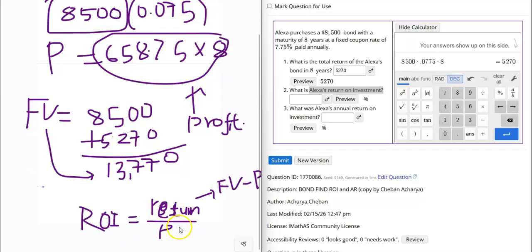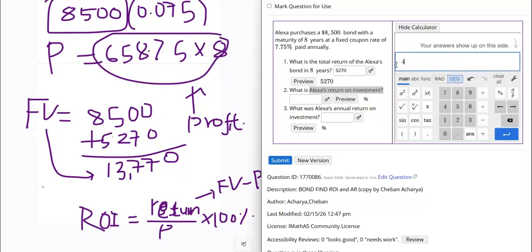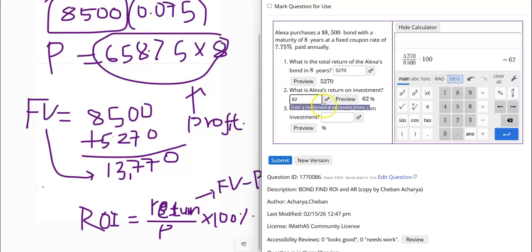If you divide return by present value and multiply by 100 to change to a percent, you get the rate of return. So I'm going to divide 5270, the profit or return, by the investment, 8,500, and multiply by 100 to change to a percent, or move the decimal to the right, to get 62%. All right, 62%.